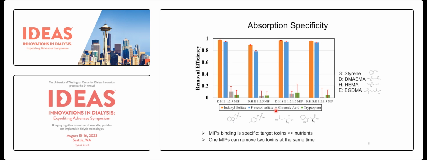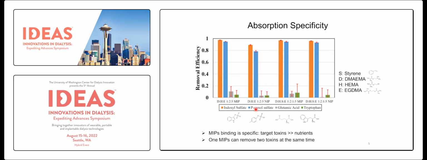Therefore, we confirm that the binding of our polymers is quite specific to the target molecules. We also found that although we designed the polymers to absorb indoxyl sulfate, they can also remove picresyl sulfate at the same time.